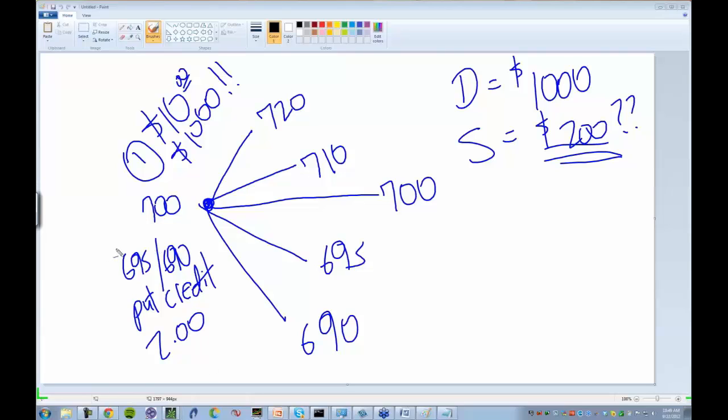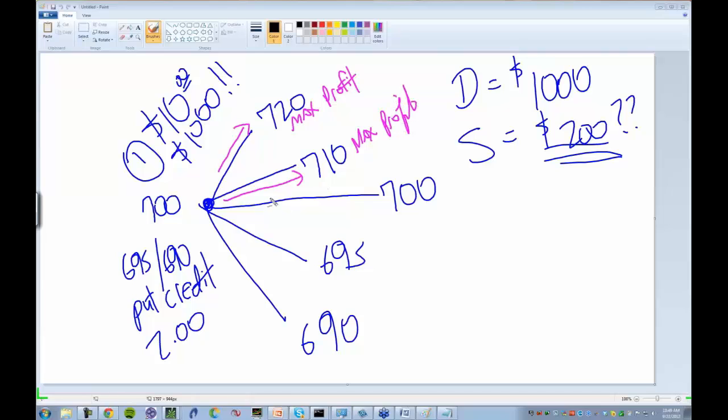Now, here's the cool thing about this. Before, we were looking at a situation where you had to be dead right in order to make money, right? Well, in this case, if Apple goes to 720, you make max profit. If it goes to 710, you make max profit.